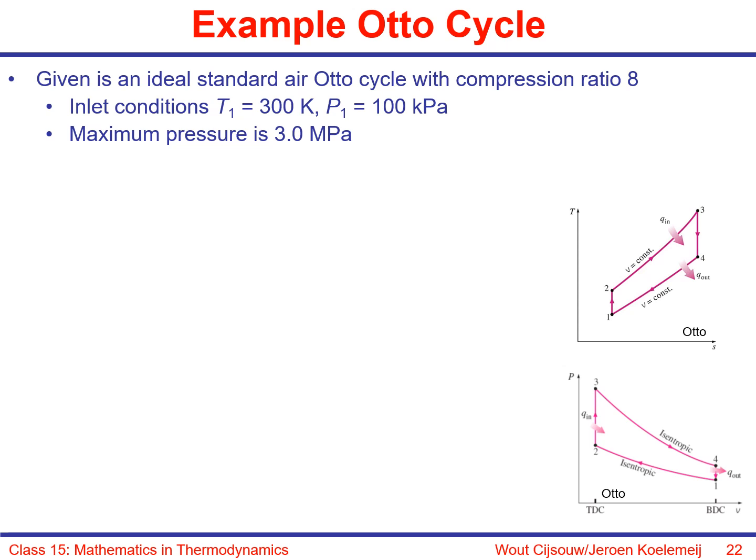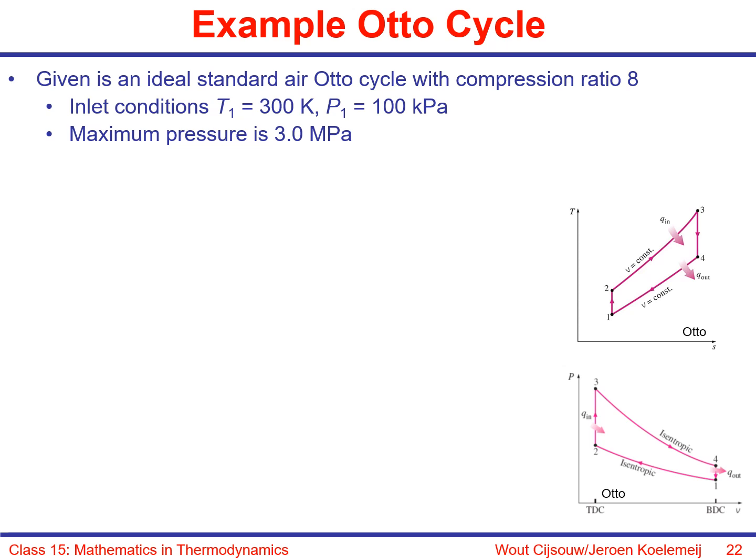Now, before we conclude this class, I would like to guide you through an example calculation. And it's getting later and later, and I hope my brains will be able to keep up with what I'm trying to say. Okay, so we want to look at an Otto cycle given within the ideal standard air approximation.